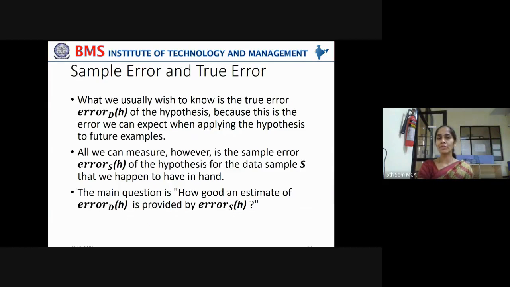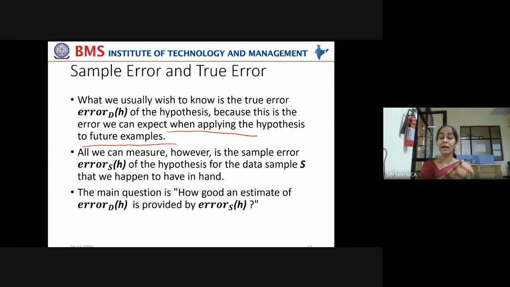Now, what we usually wish to know is the true error, error D of h of the hypothesis, because this is the error we can expect when applying the hypothesis to future examples. Correct? This is what I have been telling you. Our sample error is not of interest to us.